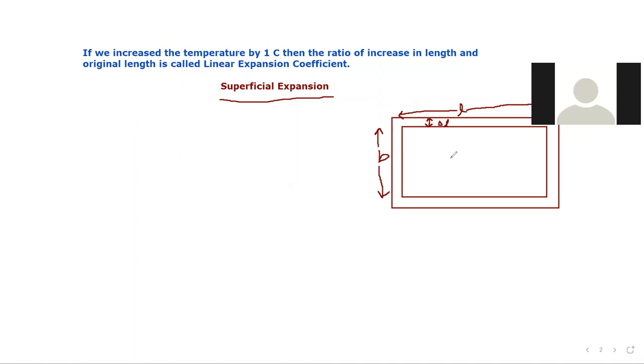Then the area will also be increased. So we can say when we increase the temperature of a body, the area of the body will be increased. So that is called superficial expansion.